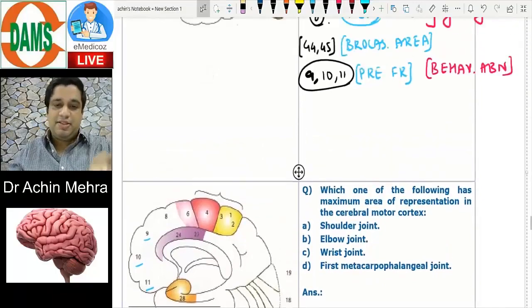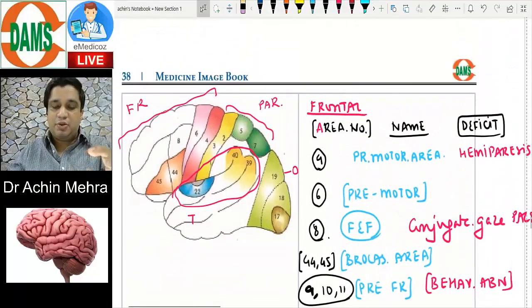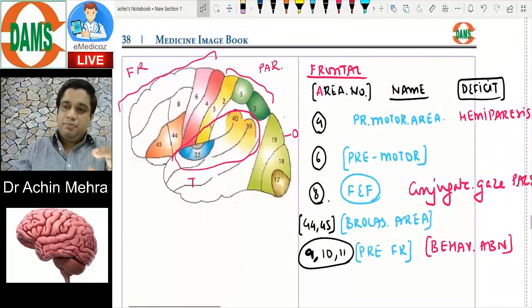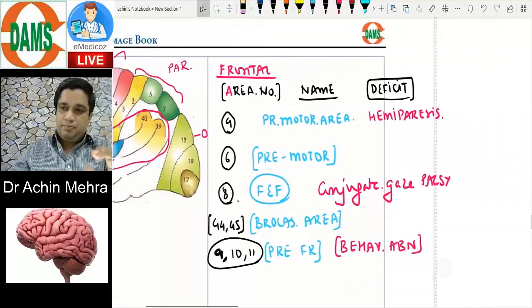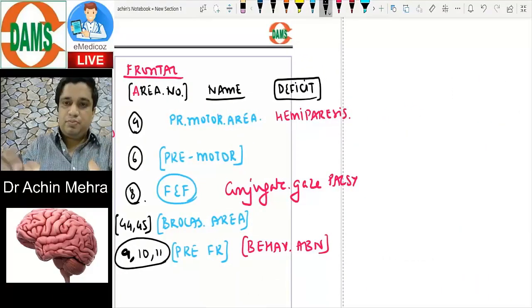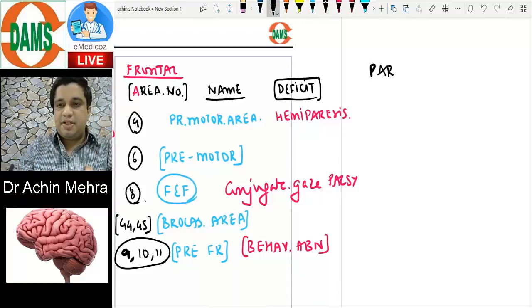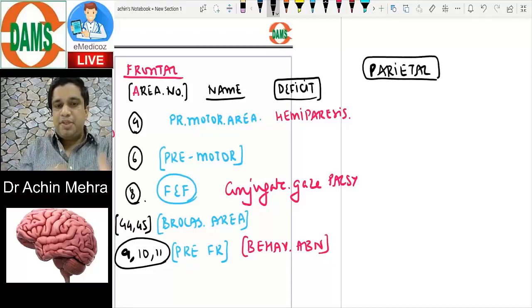Now we see the parietal cortex or the parietal lobe. In the parietal lobe, we got the area number 3, 1, 2.